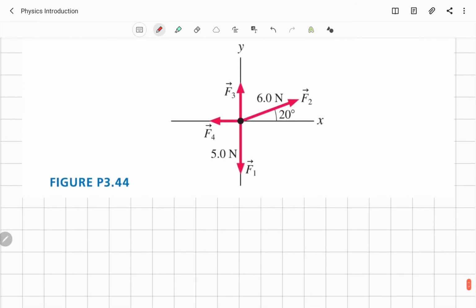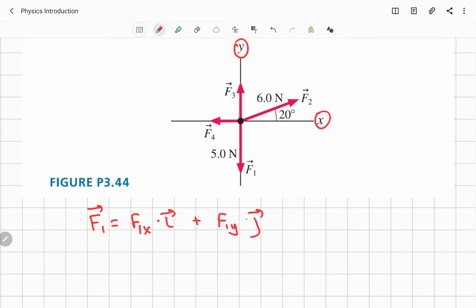So we have x and y axis. Let's write these 4 vectors in terms of components. If we pay attention to f1, it's exactly vertical and downward, and it's equal to 5. Actually, f1 equals f1x i plus f1y j, as you know.